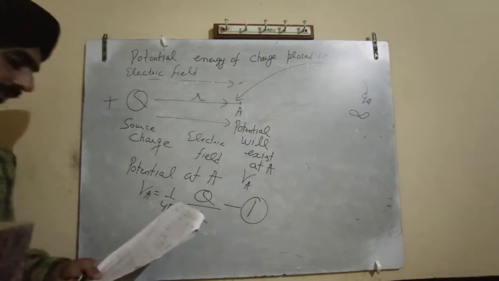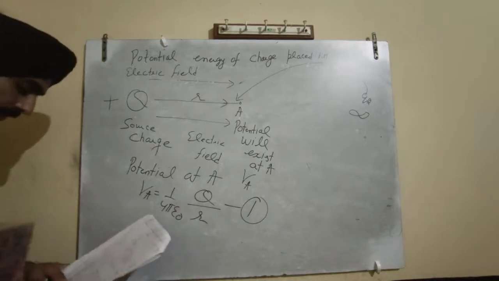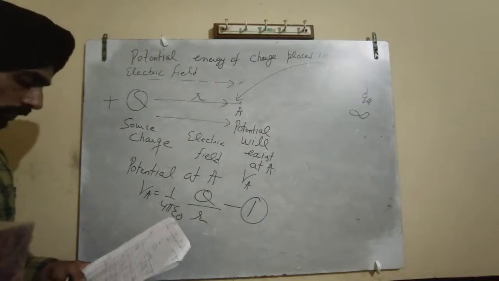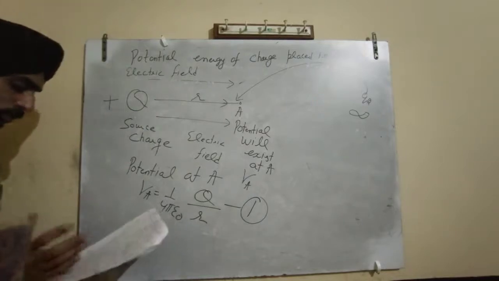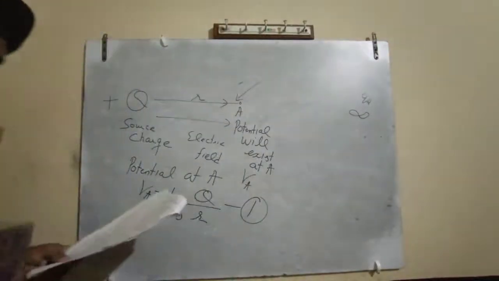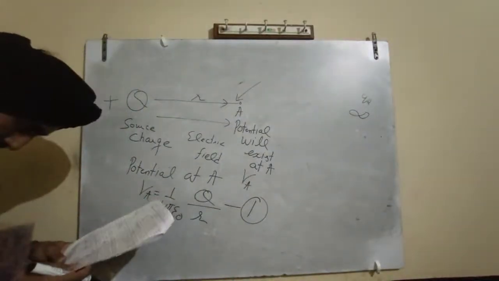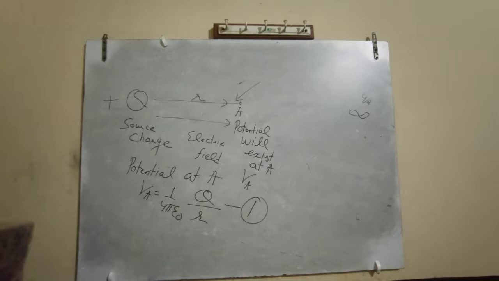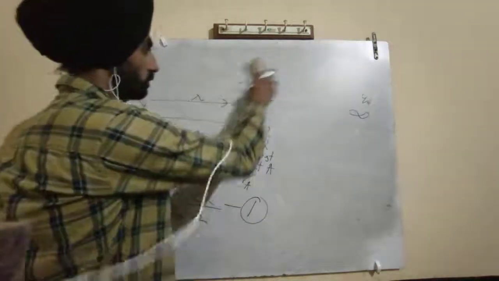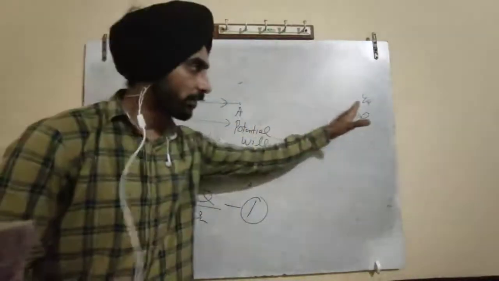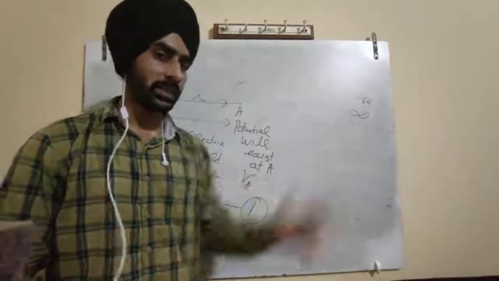And the next concept is, we have reached this concept. Next concept is, so we will be doing work on Q2, and that work done will get stored in the form of potential energy.